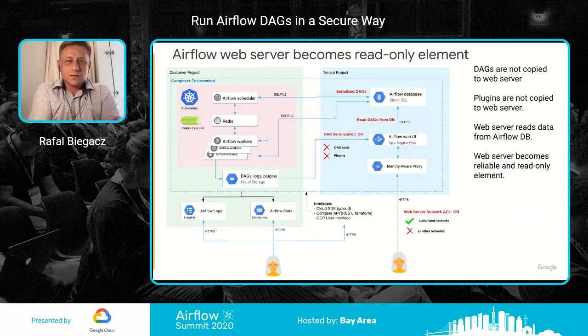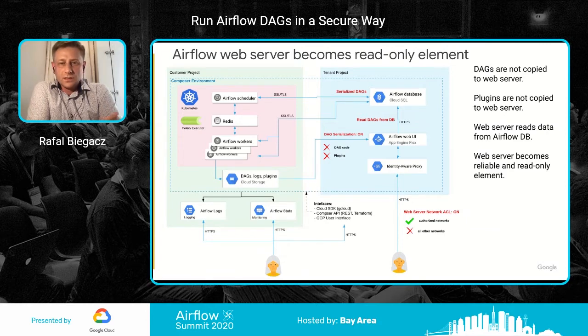So how does it work in the case of Composer? We are using community-delivered functionality called serialized DAGs. In this particular case, the Airflow scheduler interprets the DAGs, serializes them, and stores them in the Airflow database. And the Airflow web server extracts the information from the database.